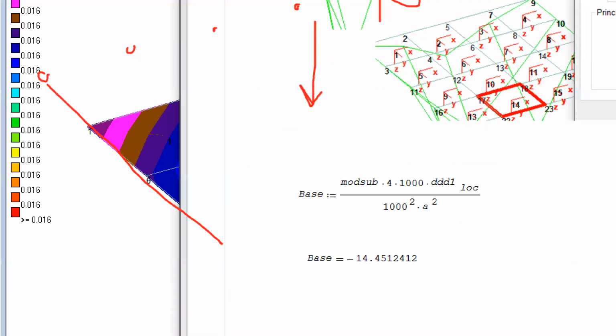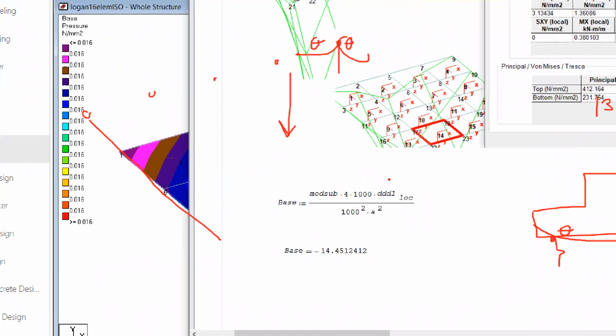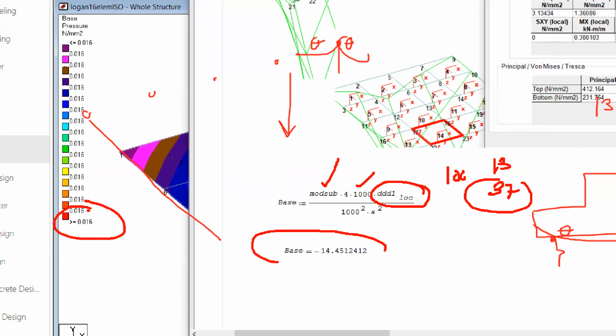By the way, the formula of our base pressure is, remember, from the modulus of subgrade reaction that we input. This is a conversion from mm to meters, and this one is the displacement. We are getting the displacement of DOF 37 because our LOC, remember, is node 13, which corresponds to DOF 37.